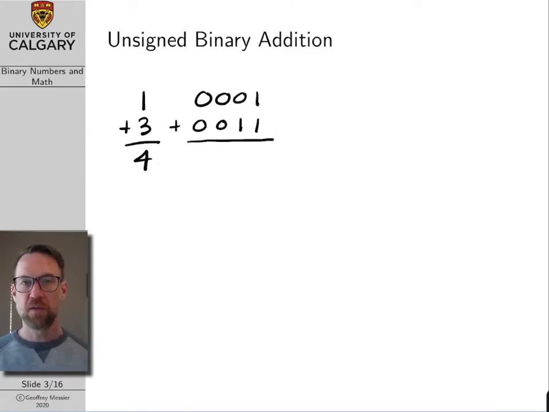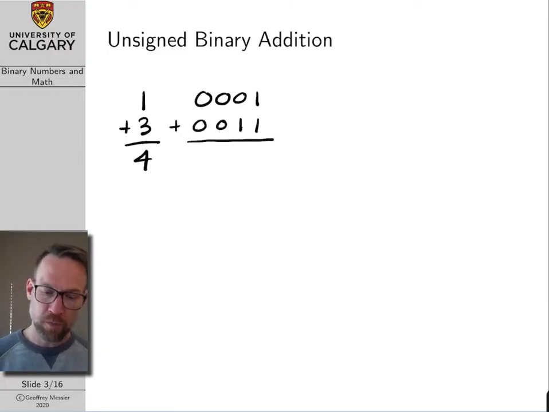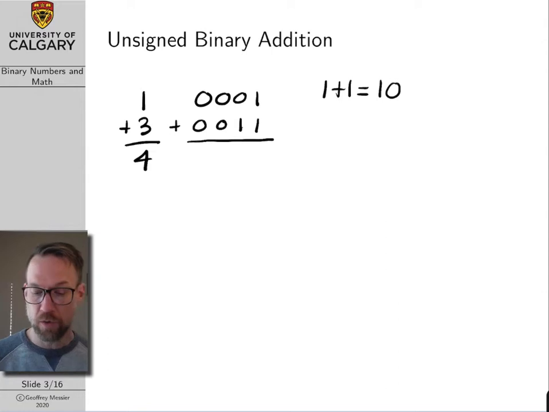So the way that binary addition works is kind of the same way that long addition works with base 10 numbers. You add your two numbers together. So we'll start out by adding 1 and 1. And when you add 1 plus 1 together, your result is 10, which is 2. And so this bit gets stored, and the bit to the left is what we refer to as the carry bit.